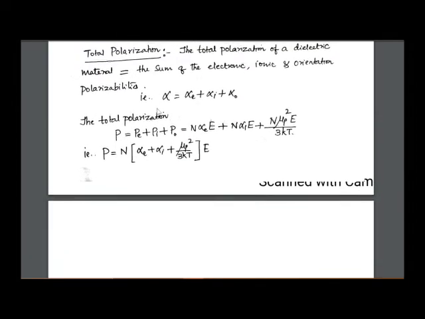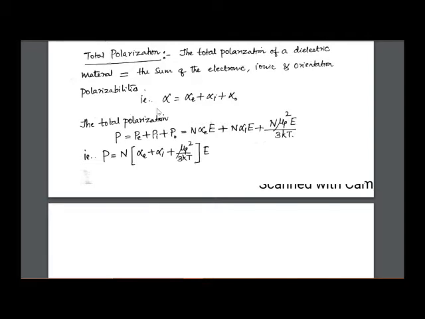Next, total polarization of a dielectric material is a sum of electronic, ionic and orientation polarizability. This already I have told you. Alpha is equal to alpha E plus alpha I plus alpha O. The total polarization P is PE plus PI plus PO.